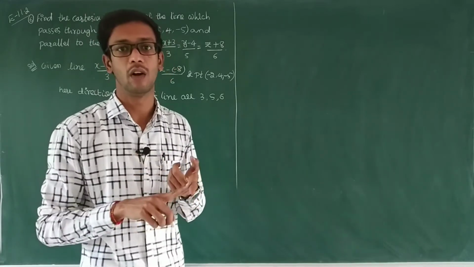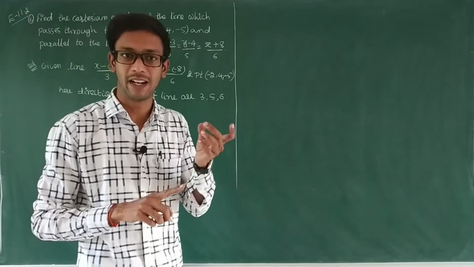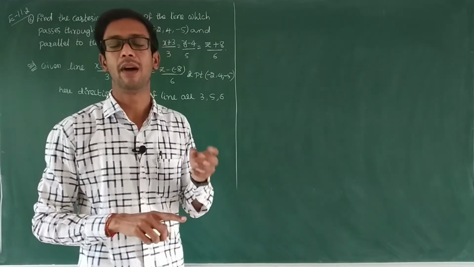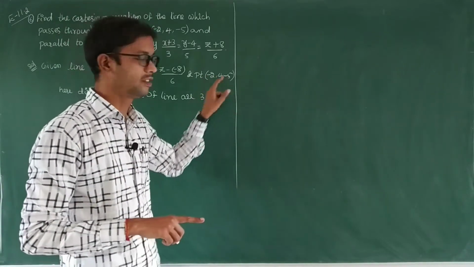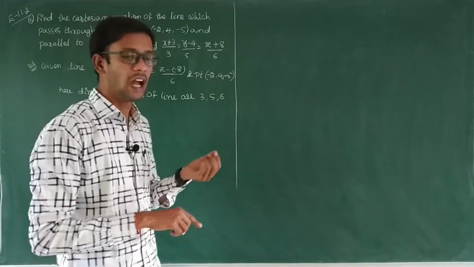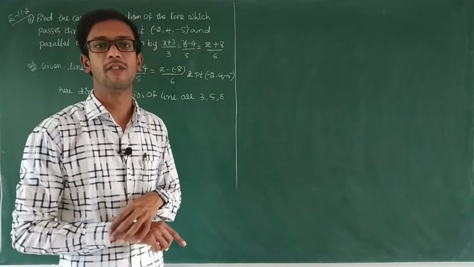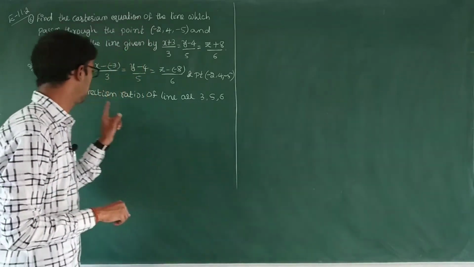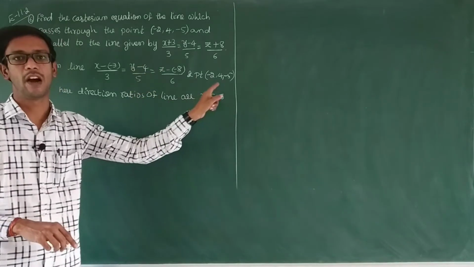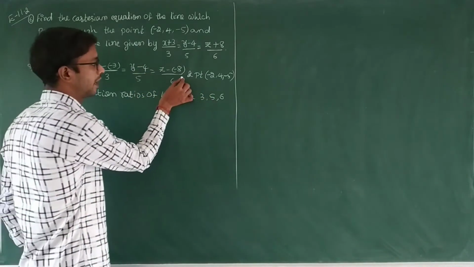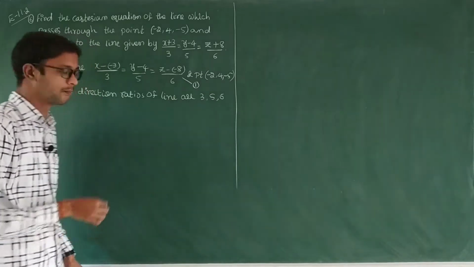We have to find the direction ratios: (x-x1)/a, (y-y1)/b, (z-z1)/c. x1, y1, z1 are given. So now we have to find the direction ratios of the required line. Here the direction ratios of the given line are 3, 5, 6. I am calling this equation 1.